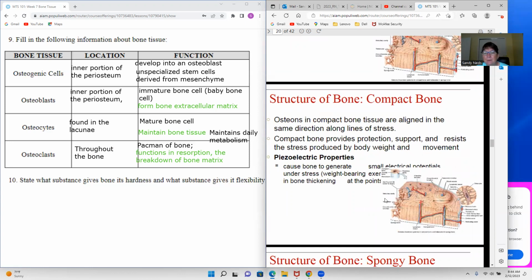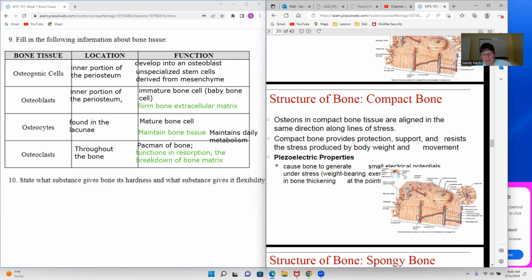So in compact bone, all these little ring areas are called osteons, and they are lined up. Notice that they all go lengthwise in this bone because of the stress. Whenever the osteons are produced, they're produced in the direction of the stress.